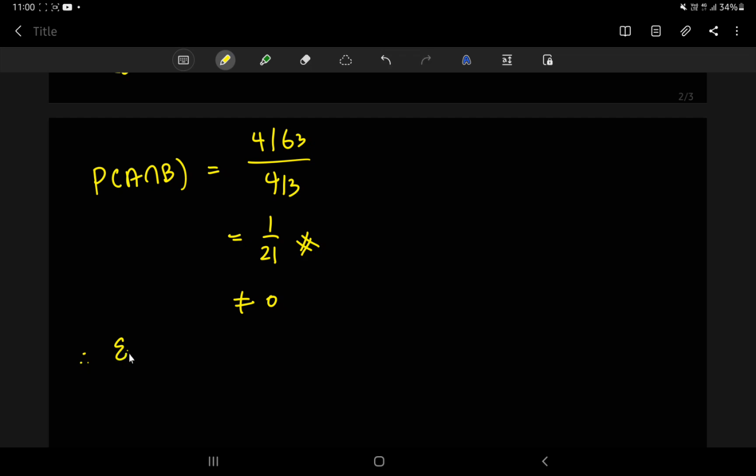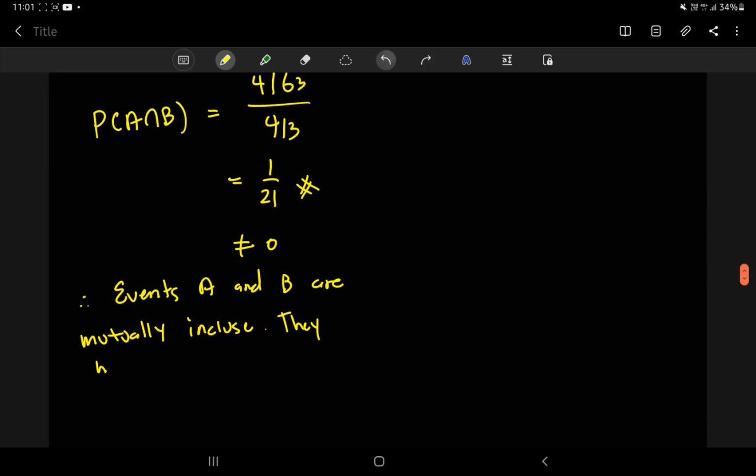Hence, I can say that events A and B are mutually inclusive, which means they possibly occur or happen at the same time, right?